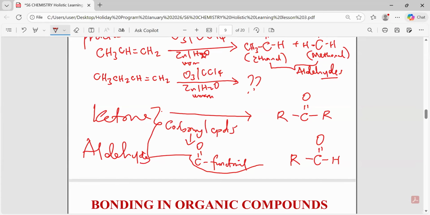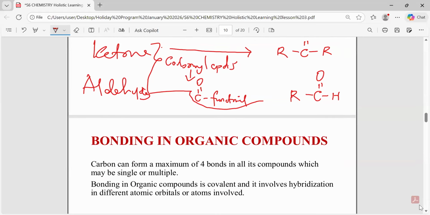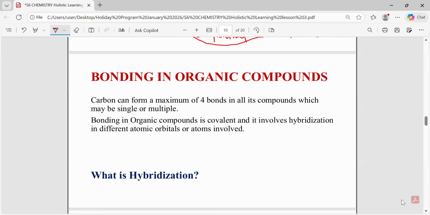Maybe to ask you a small question. What's the maximum number of bonds a carbon atom can accommodate? There are 4. Very good. Okay. We are diving into bonding. Can you read for me the first paragraph there? Grace has disappeared.